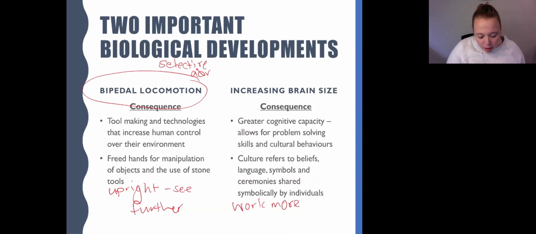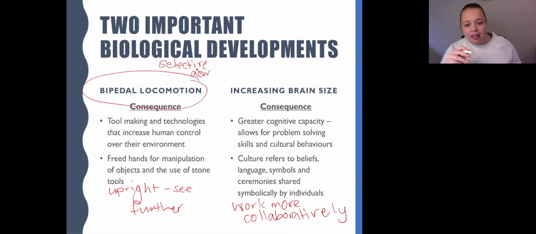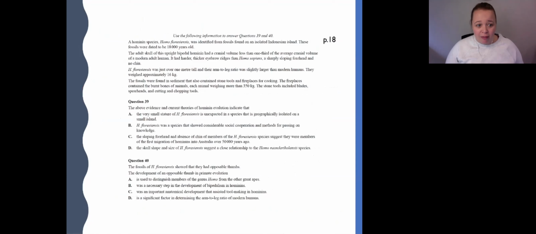I know that we talk to you about group work all the time and how important it is, but this is something we've been gifted as a present from our human ancestors: the ability to work collaboratively because of our increased brain size. And this is what makes us so successful. Pretty cool stuff. There are a couple of questions to go through here, but I might just pause and make that another little video.